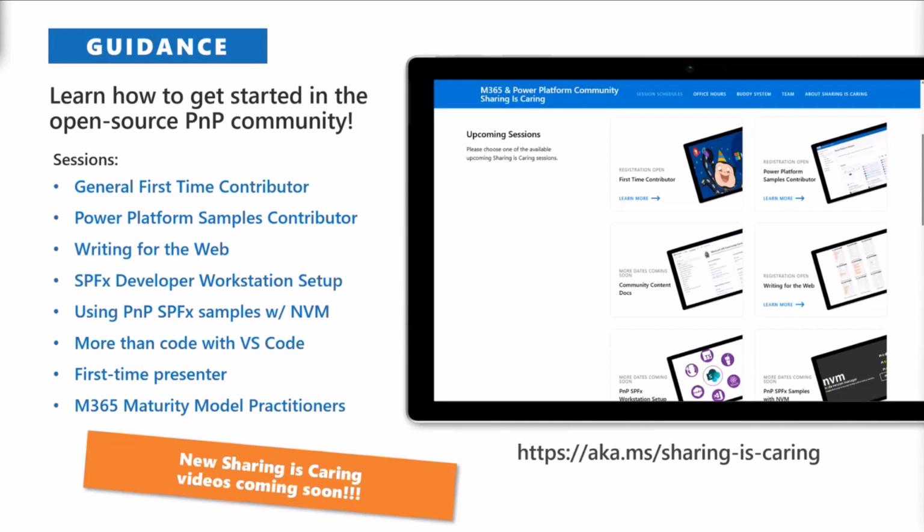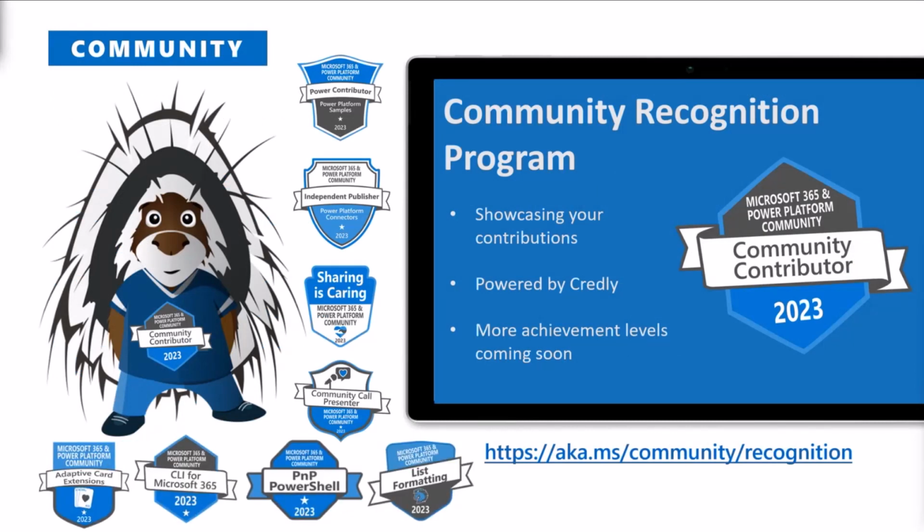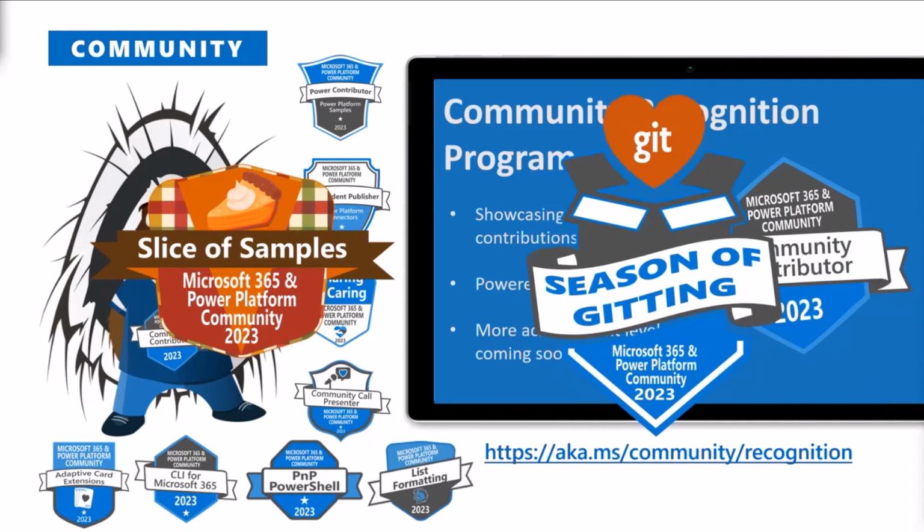And of course, once you do contribute to the community, we want to recognize you for all the amazing work that you're doing. On the next slide, which is about the recognition program. Yep, absolutely. There we go, which is our recognition program. So we've got a couple of new badges that just launched with our Season of Giving and Slice of Samples.